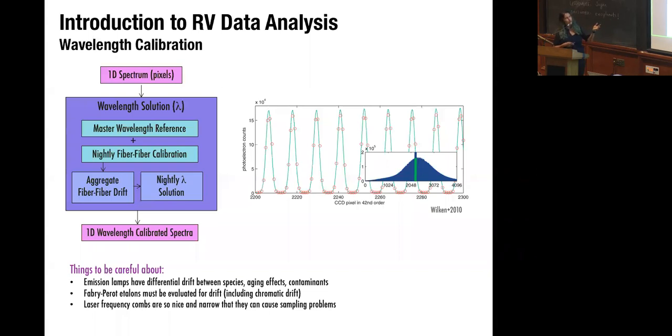So the idea is that you fit each of these lines with a Gaussian, and you know where the line is supposed to be. You know the absolute wavelength of the line. And so then you measure how much it has moved from the absolute wavelength. A weird problem with laser frequency combs is that they're actually kind of too good because the lines are so narrow. They're just about sampled well enough. So you can see for this line, for example, you didn't even catch this peak.